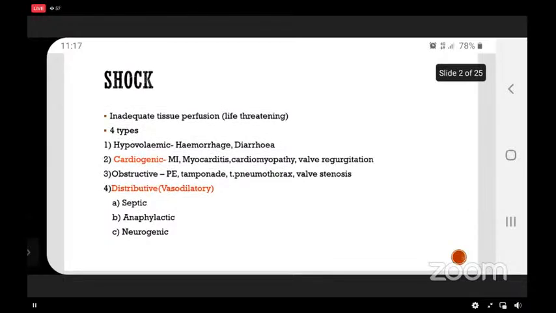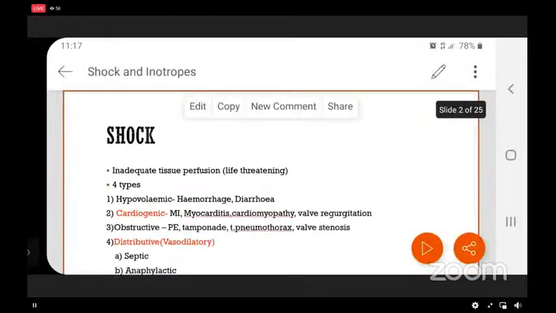When the blood supply to the vital organs is reduced, or when there's lack of tissue perfusion, you will get features like, for example, if the blood supply to the brain is reduced, the orientation of the patient and the conscious level can go down.